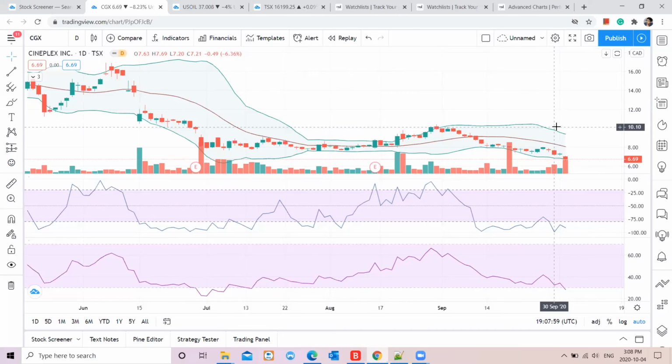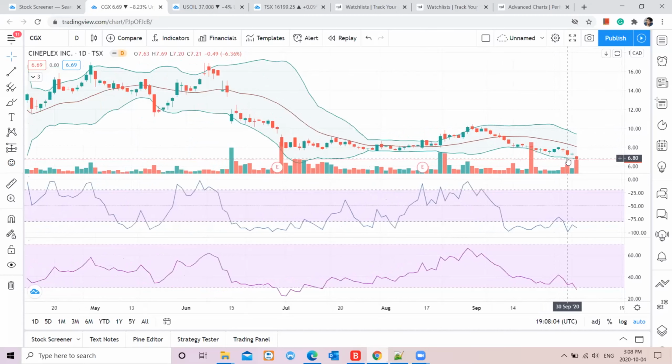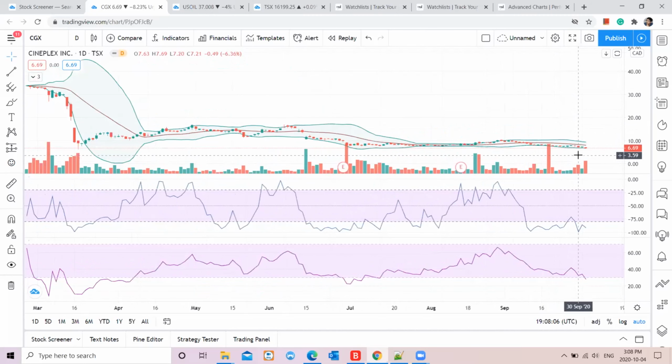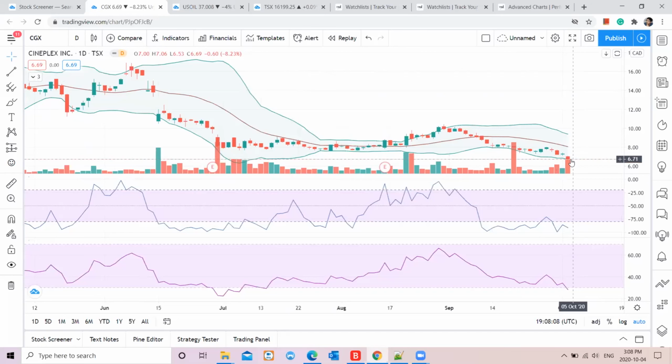It's a good buying price, right? Because it is the lowest in the last 4 months. Exactly. Yeah, I bought this Cineplex 3 to 4 months ago. I forgot about it. I gained like 5 to 10% and made a good exit. Very good profit margin.